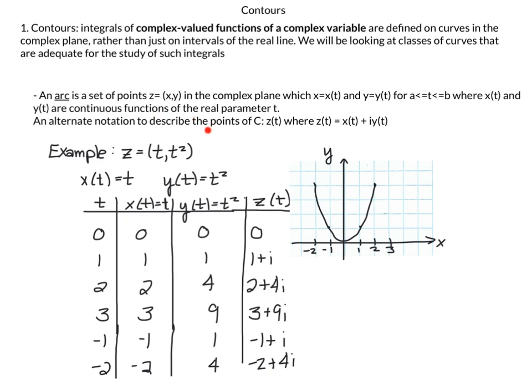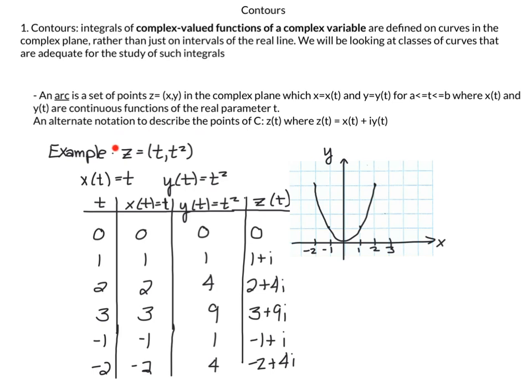An alternate notation is to describe the point z of t, where z of t is equal to x of t plus i y of t. So I wrote that in here for each point. In the complex plane, let's look at 2, 4, for example. That should be at 2 plus 4i, which is exactly this point here.